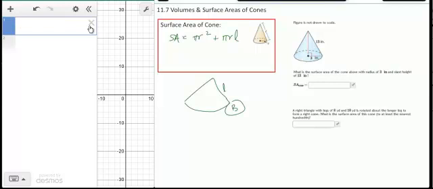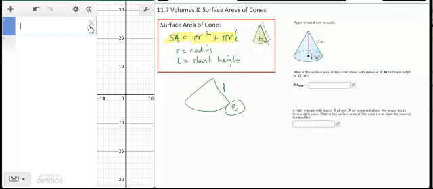And so that is your equation for the surface area of a cone, and this is one that you just need to be aware of, where the radius is r and L is the slant height. Again, the slant height is just the hypotenuse of a right triangle that was used to create that cone.